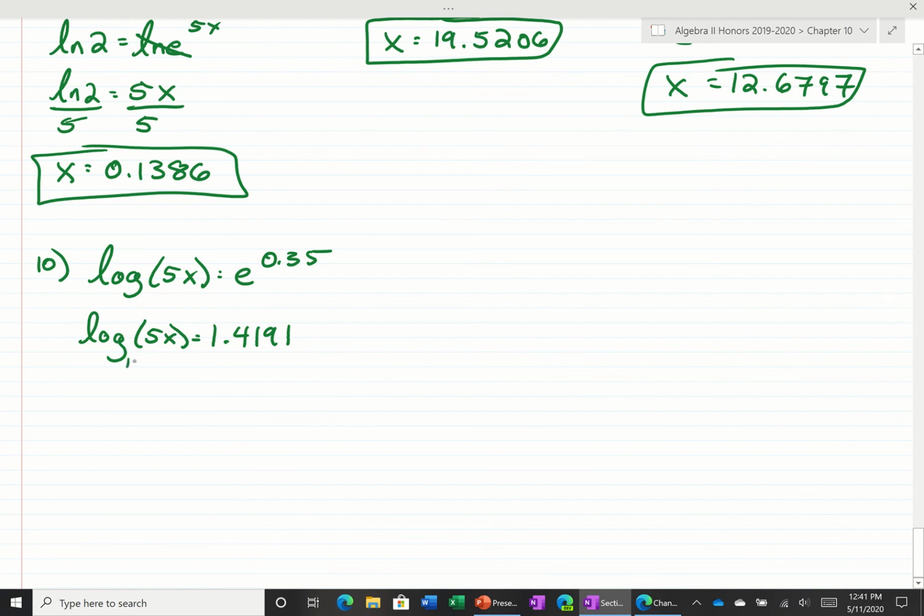And again, we could use a translation property. Whenever you get stuck, usually translation property is what we need to use. So 10 to the 1.4191 power is equal to 5x. And if we divide both sides by 5, we get x is 5.2493.